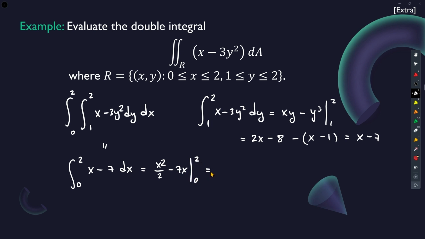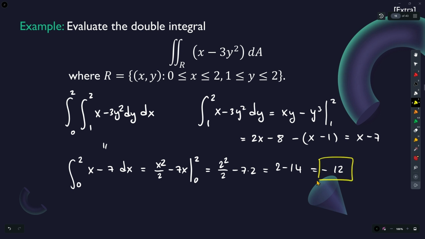So just evaluate at 2, that is 2 squared divided by 2 minus 7 times 2. So that is 2 minus 14, which is minus 12, just like we had calculated before in the other order of integration. So Fubini's theorem works and math wins once again.